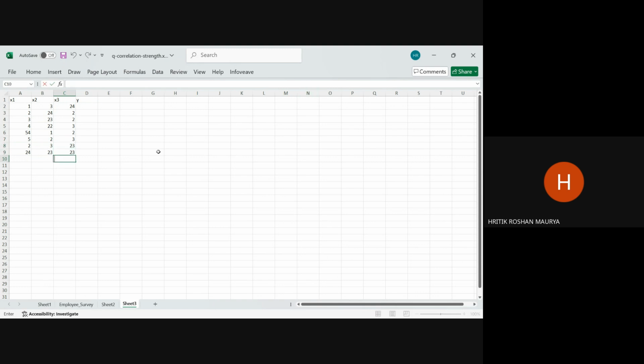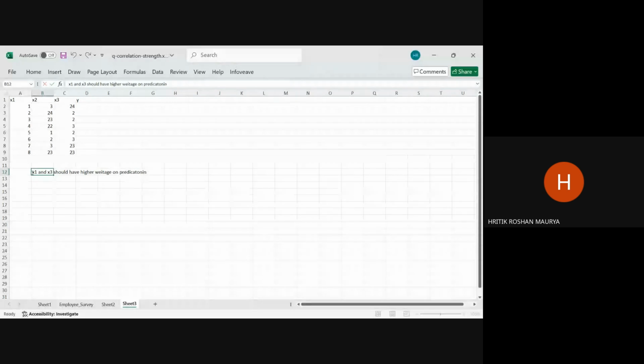Let me take this as linear data. I want x1 and x3 to have higher weightage on prediction.